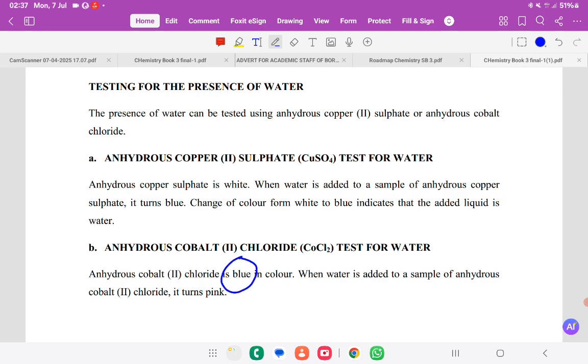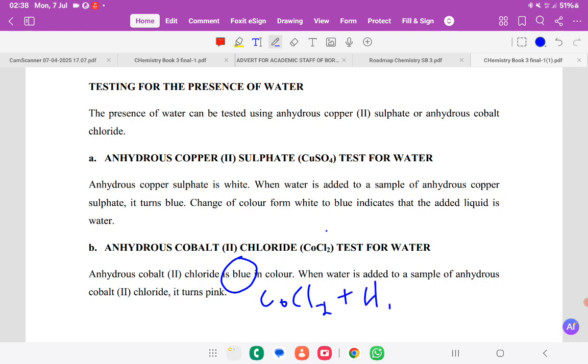When water is added to the sample of anhydrous cobalt chloride, it is going to turn pink. So we are saying that to cobalt chloride, you add water.